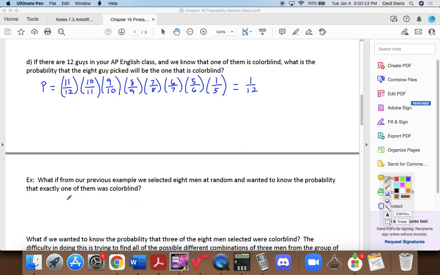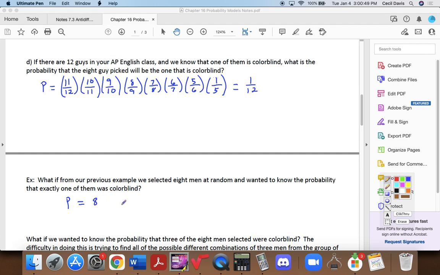So here's how we're going to do that probability. It could be the first man, it could be the second man, it could be the third man, the fourth, the fifth, the sixth, the seventh, the eighth, right? How many different possibilities is that? 8. There's 8 different possibilities. Wait, I thought there was 12 men.